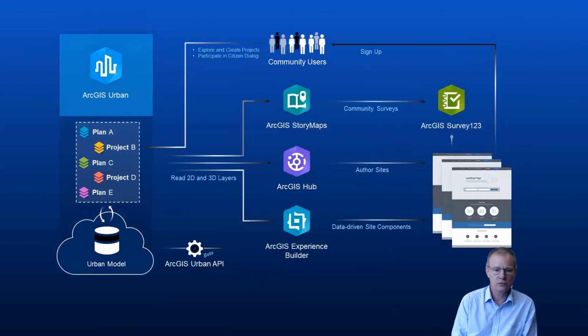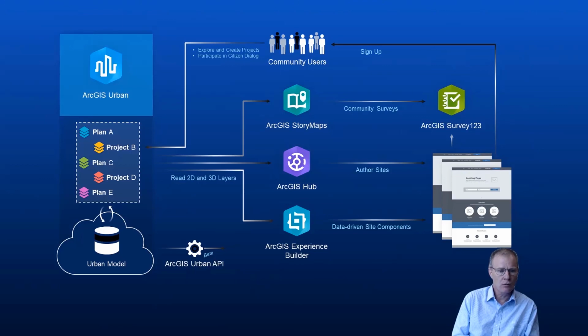We use layers within Story Maps and Experience Builder to provide context for your general constituents. Engage the community with websites that drive ideas and plans. ArcGIS Hub also enables the community. It allows them to explore projects, create projects, and provide comment on those plans that you've got or the building designs.